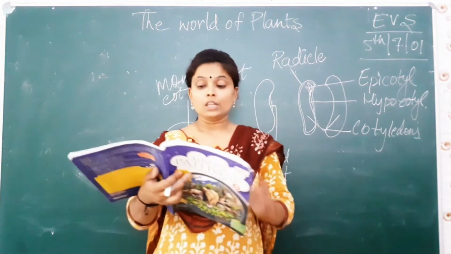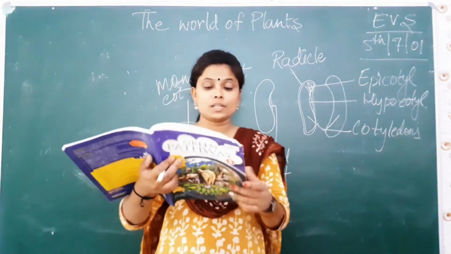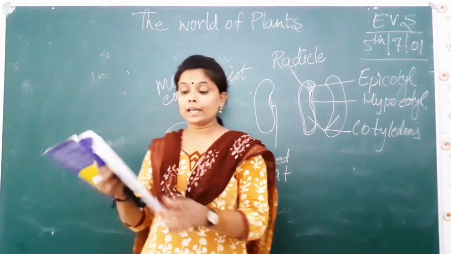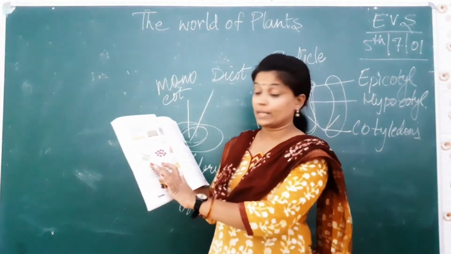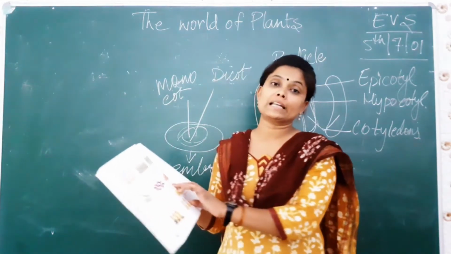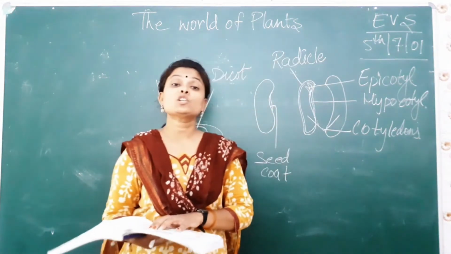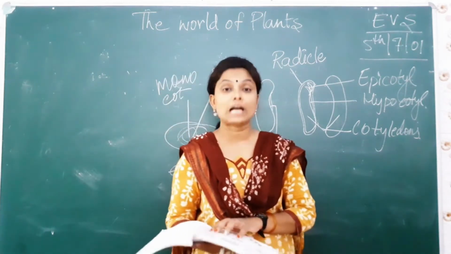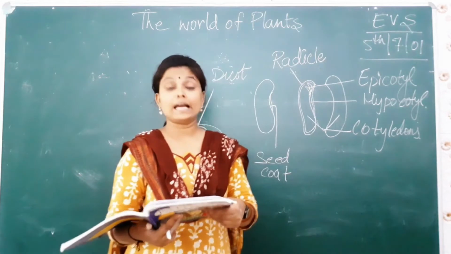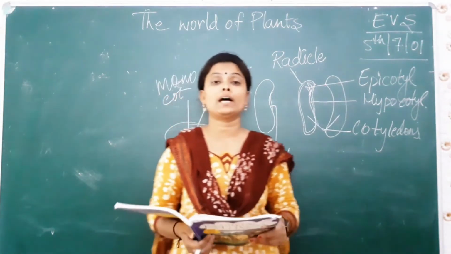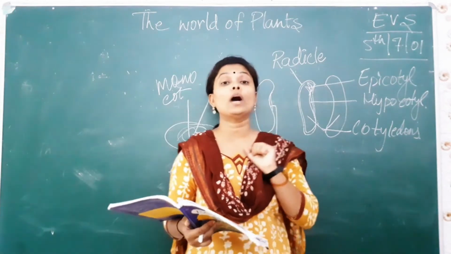Let's see. Their food storage is contained in the cotyledons. Here it is given, even peas you can see, then beans are there, even chickpeas are there. Chickpeas are chole bhature. It is a favorite dish of Punjab. Let's see. There are the oil seeds. They are the seeds from where we get the oil.